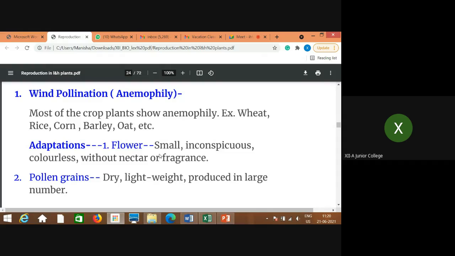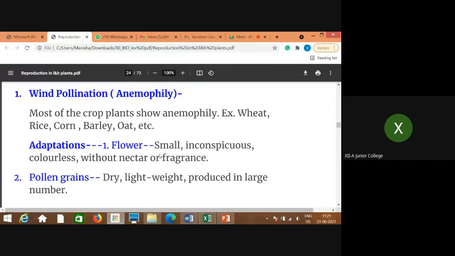They are very small in size, inconspicuous, colorless, without nectar or fragrance. Now see, wind doesn't need any color for attraction or nectar or fragrance, isn't it? So these flowers which show wind pollination are very small, inconspicuous, colorless, and also without nectar and fragrance.